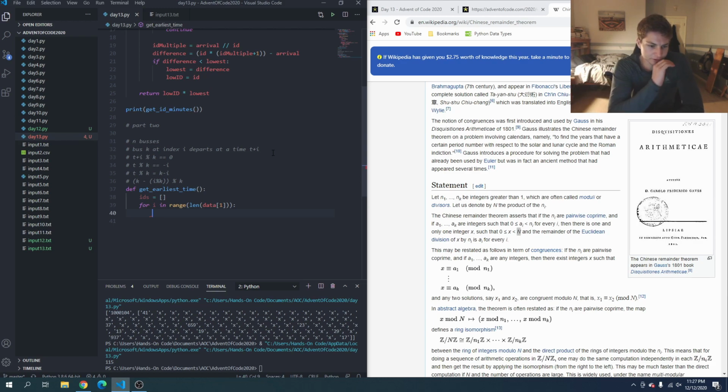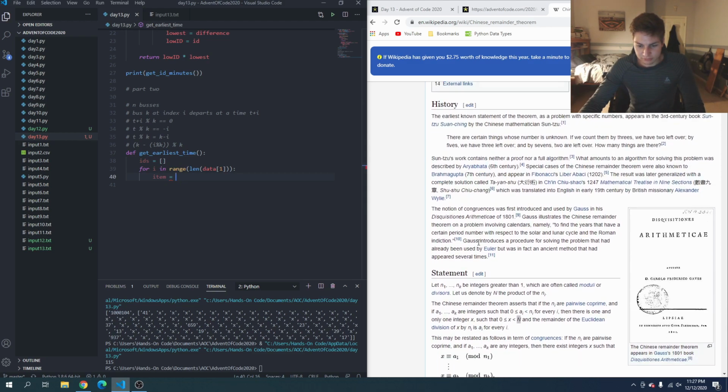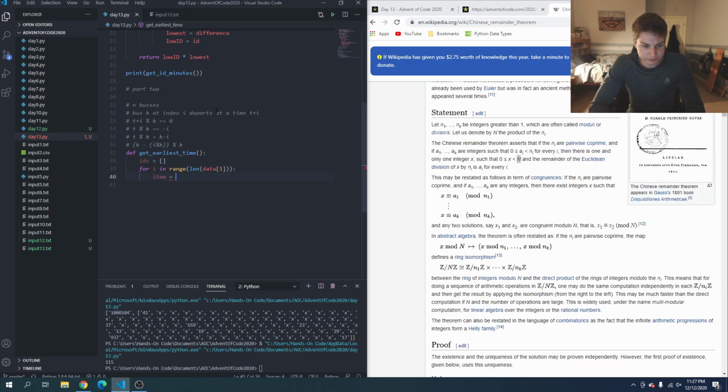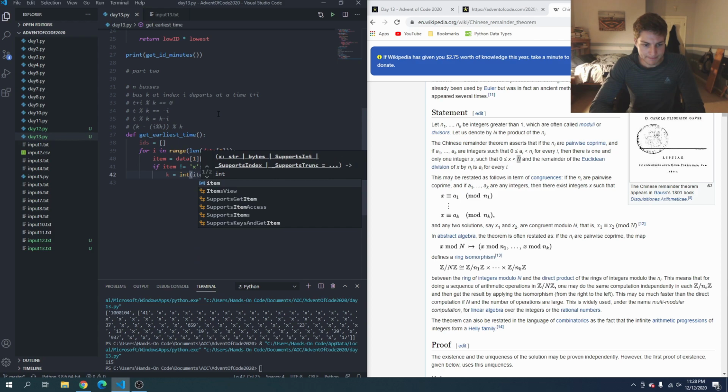Okay, so for I in range data length 1, we'll say item, because we need to know the index of the number that we're looking at, because that would be our A sub k. So item is data 1 I, if item not equal to x, then k is equal to int item.